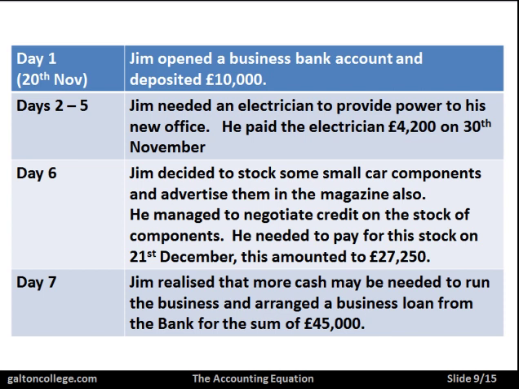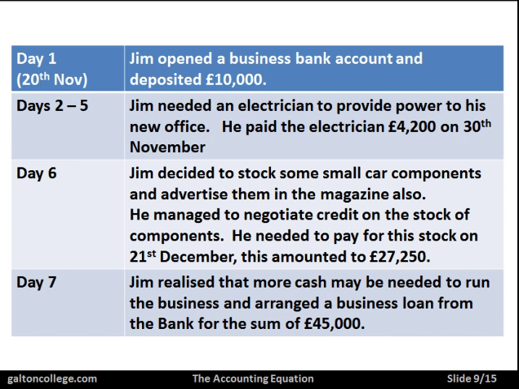So he opens the business on the 20th of November, £10,000 in the bank. Then he employed an electrician, £4,200 on the 30th of November. Then he got some stock which he would sell in the magazine, and he owed £27,250 for that, which he had to pay on the 21st of December.